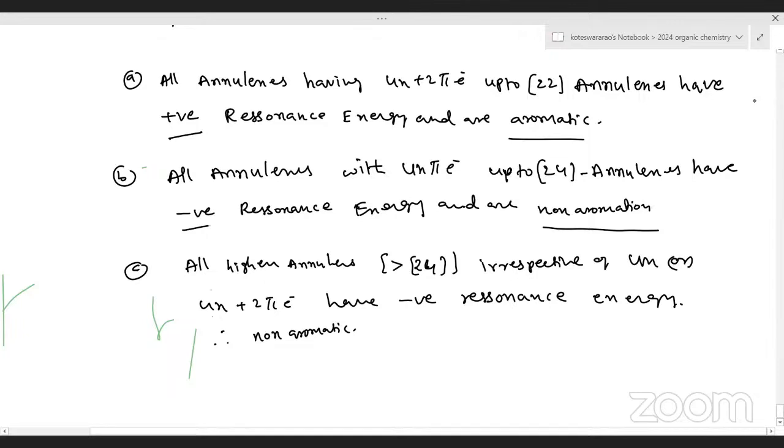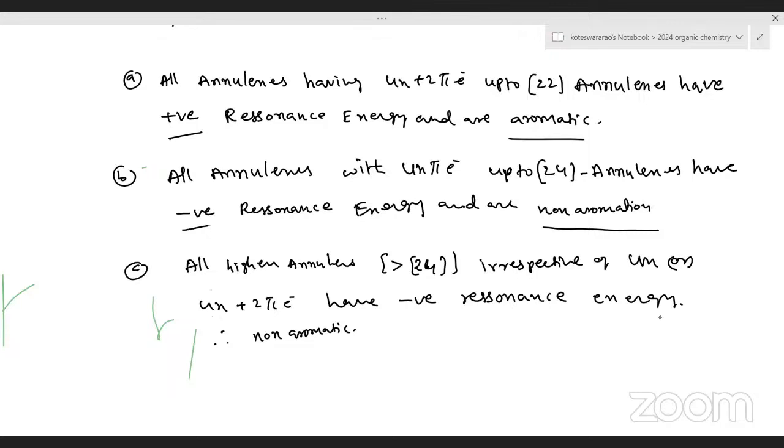According to them, they take into consideration the resonance energy. Based on the resonance energy, the annulene with positive resonance shows the aromatic property, and the one with negative resonance shows the non-aromatic property. Up to 22 and 24 annulenes this will be true, and higher annulenes do not follow Hückel's rule. Therefore, all of them are non-aromatic due to showing negative resonance energy.